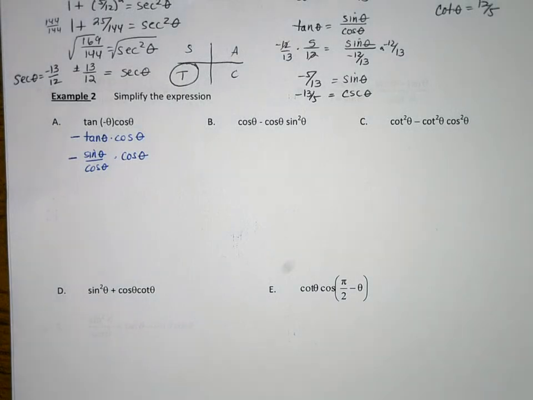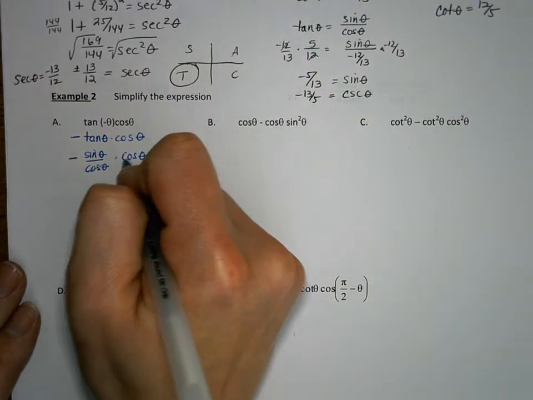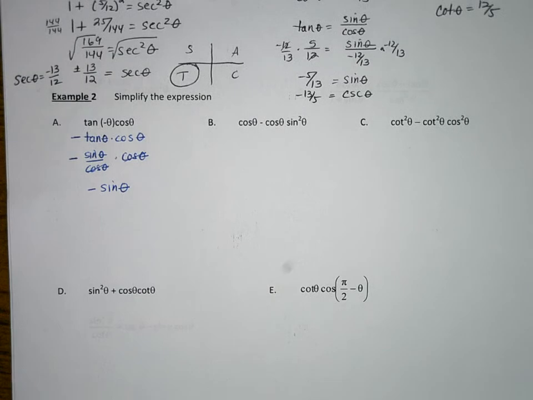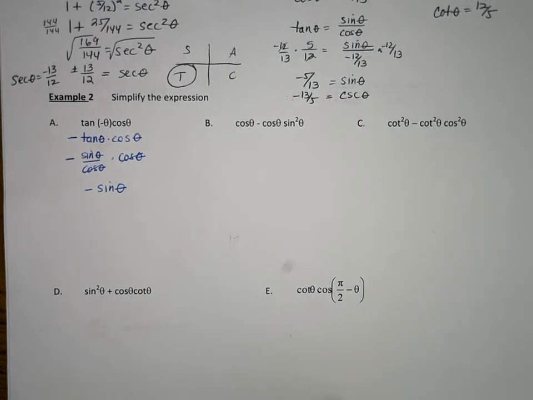Does anybody have a thought on what's going to happen there? Cosines cancel. I have a cosine in the numerator and a cosine in the denominator. So this simplifies down to just negative sine. If I get it down to sine and cosine, there's nothing else I can do. All right, now let's take a look at B.